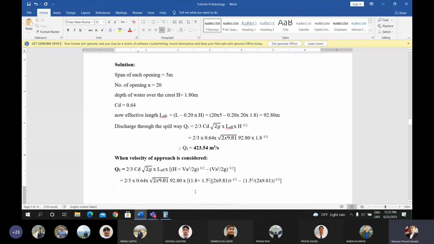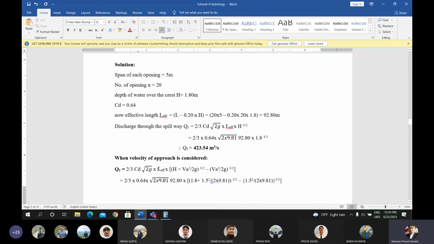Now for considering the velocity of approach, the discharge through the spillway or a rectangular crest is given by 2/3 CD under root 2g L effective, times (H plus Va squared by 2g) to the power 3/2, because velocity of approach should be considered, minus (Va squared by 2g) to the power 3/2.